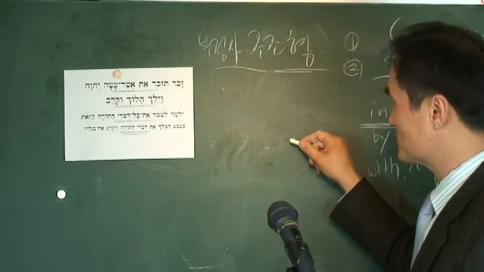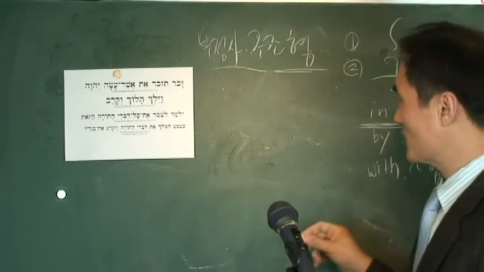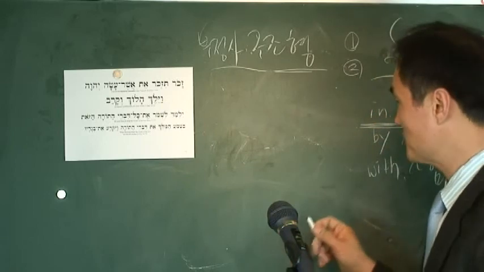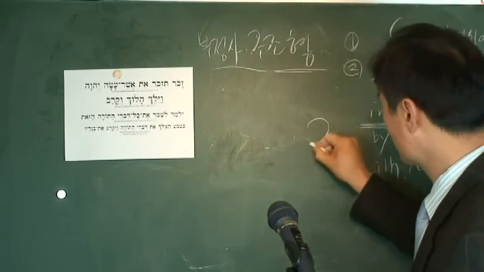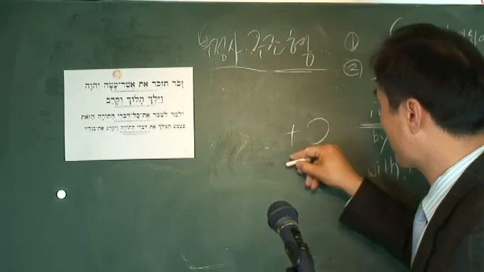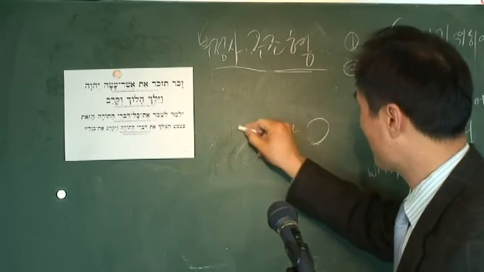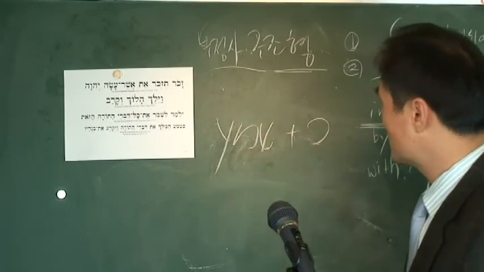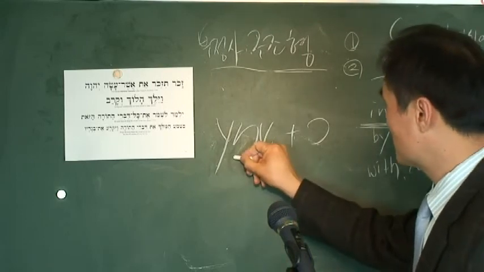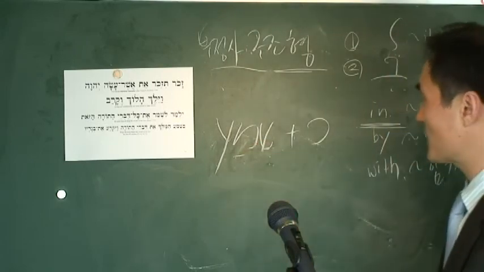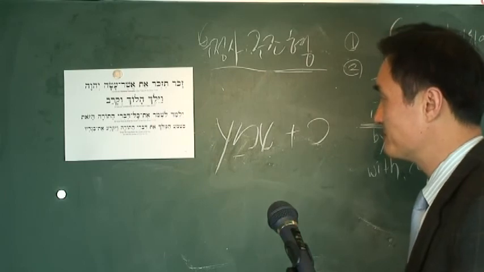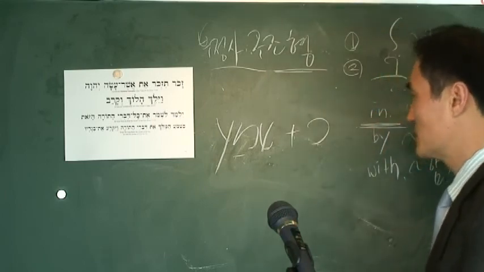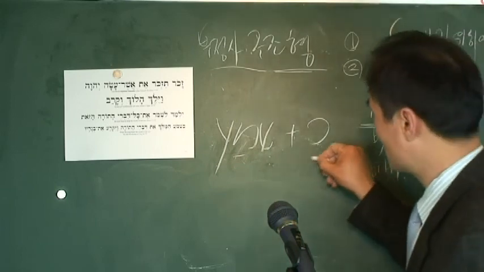It first says ki shema, and this is the combination of the infinitive construct state and k. Shema comes from the word shama, which means hear.